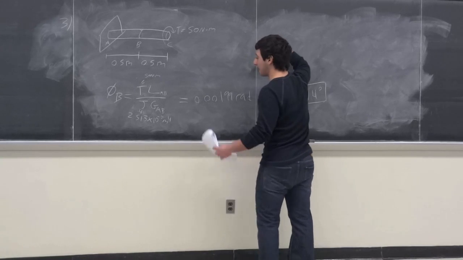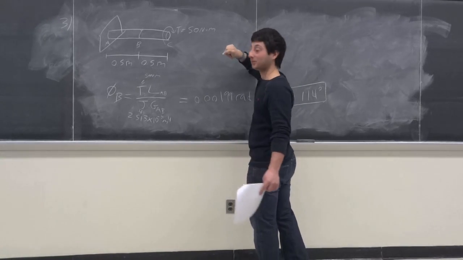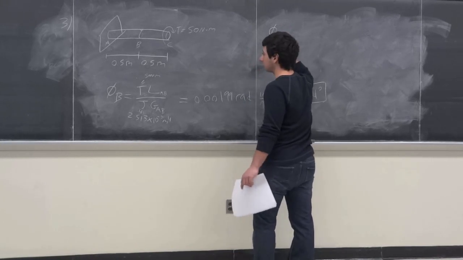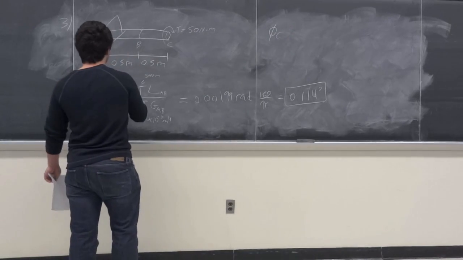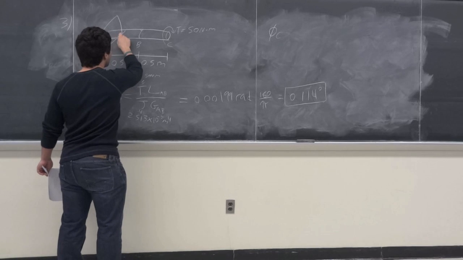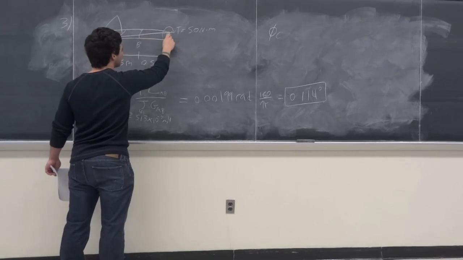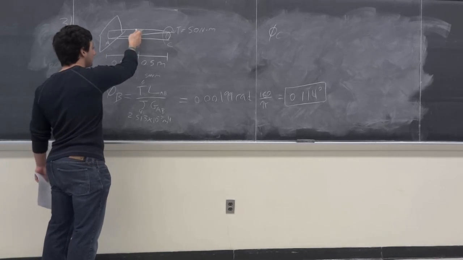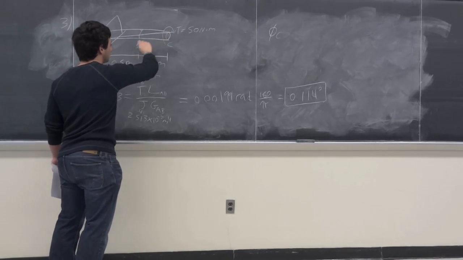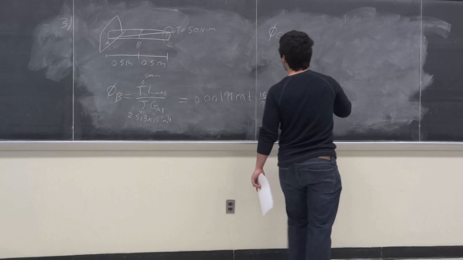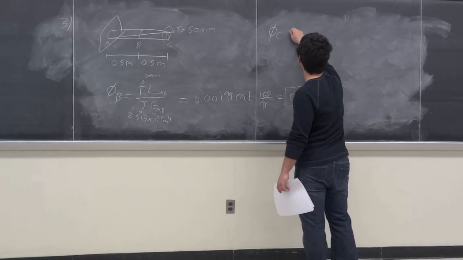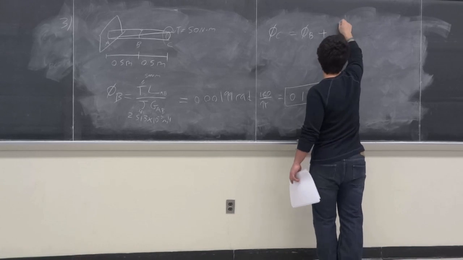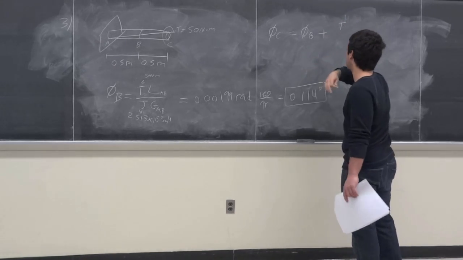So we found the angle of twist at B, and we want the angle of twist at C. You have this line all the way to here, and then there's some angle over here. So it's going to be the angle of twist from this face and the angle of twist from this face. So theta C is equal to theta B plus T, and the torque throughout this whole thing is the same.